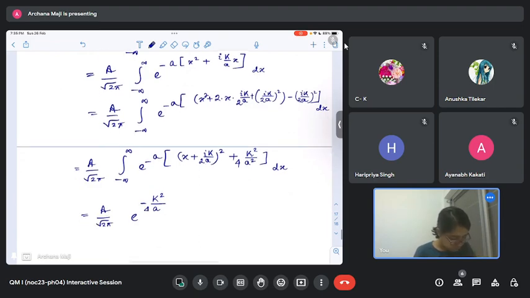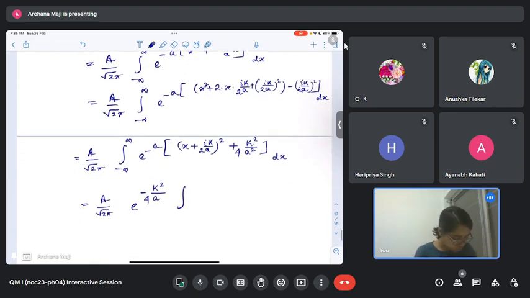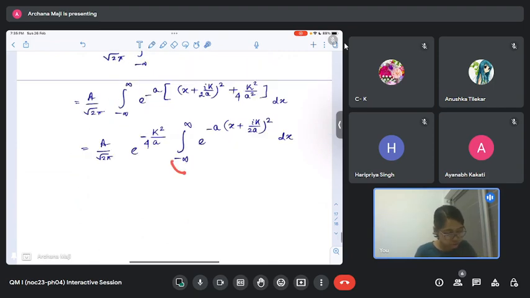So minus k square over 4a, then integration minus infinity to infinity exponential minus a (x plus ik over 2a) whole square dx. But this is nothing but a Gaussian, so what do you get?